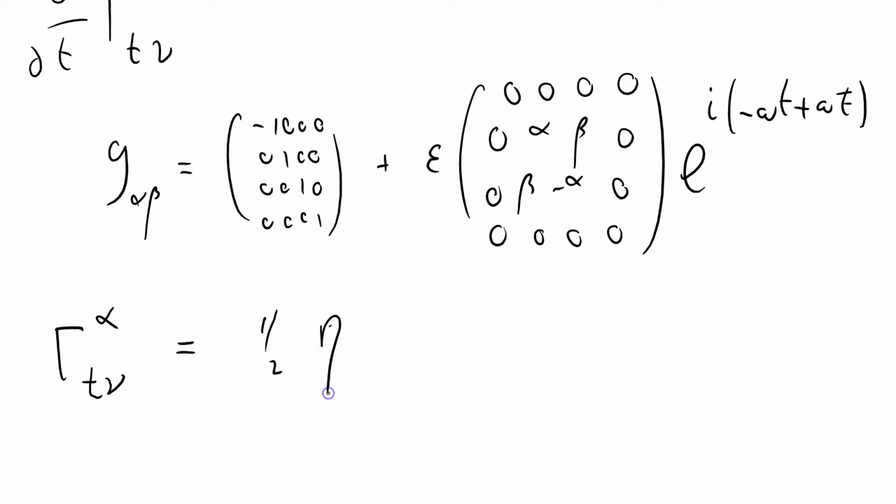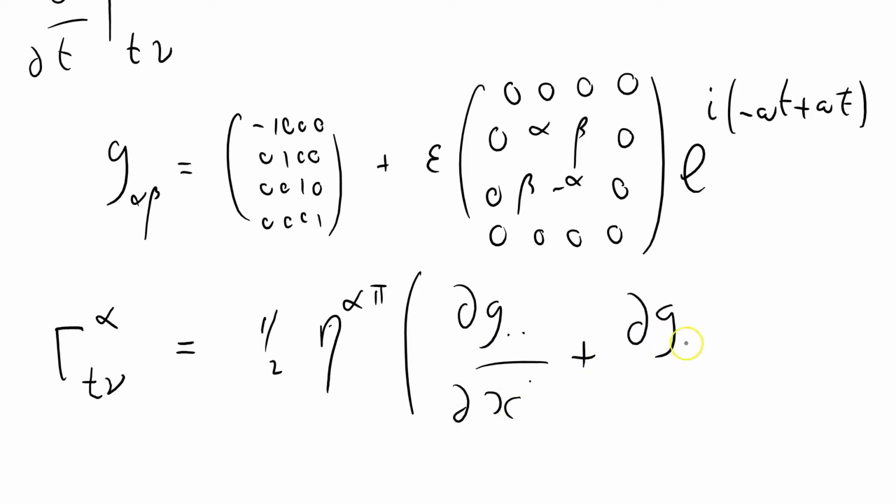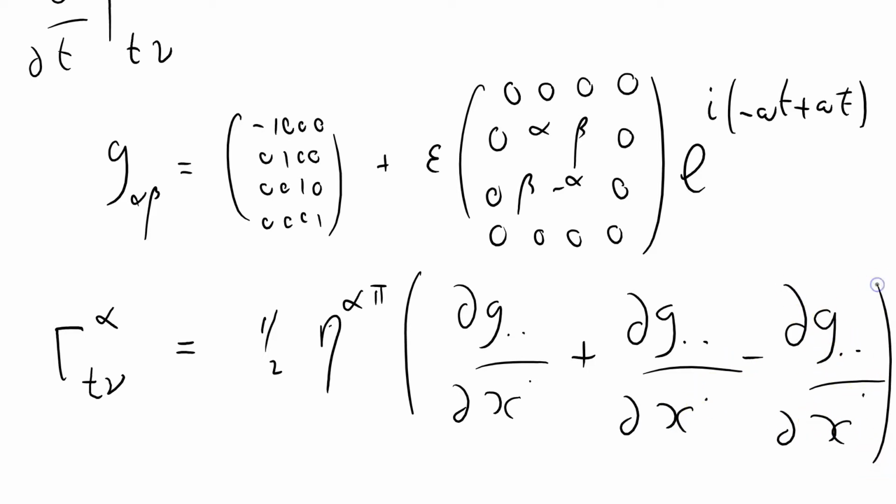It's eta because I'm considering only flat space, only the linear approximation, I'm sorry. Alpha times pi. I'm going to write it like this and then I'm going to edit it. ∂g_{πt}/∂x^ν plus ∂g_{πν}/∂x^t minus ∂g_{tν}/∂x^π. The pi sums with the first place, the second place, the bottom place.